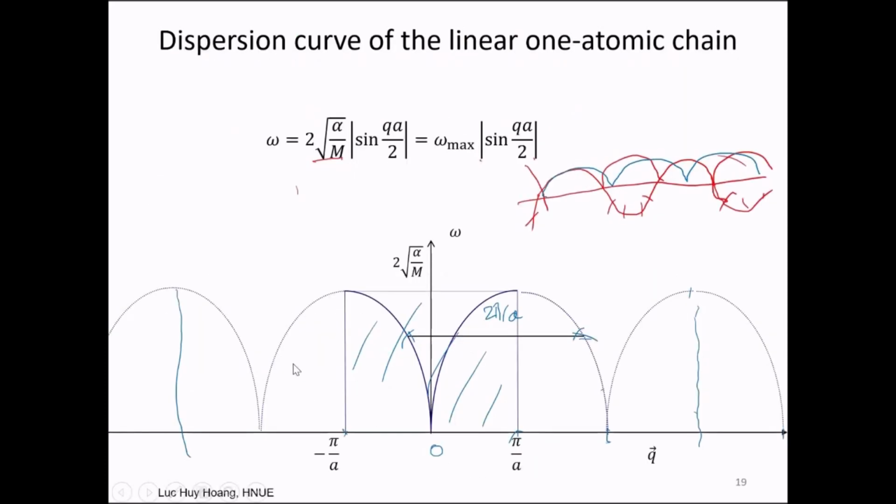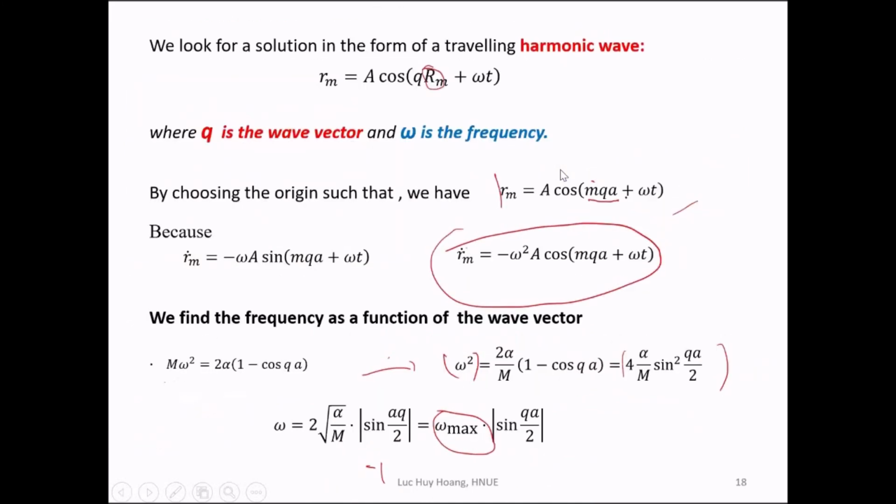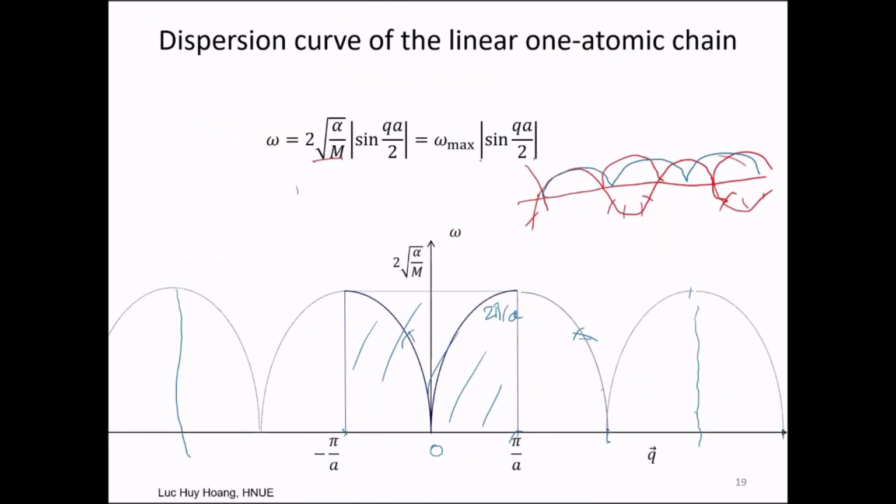So remember the real lattice. Go back. The real lattice is like this, right? The lattice vector is A. So if we take the reciprocal lattice, how is it? It is 2 pi over A, right?